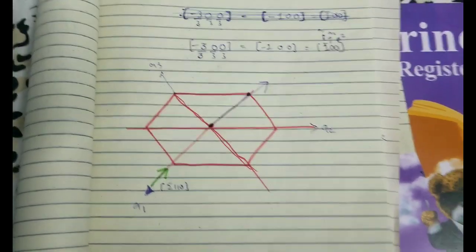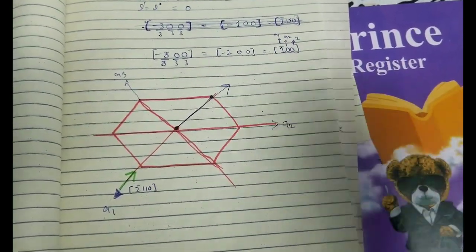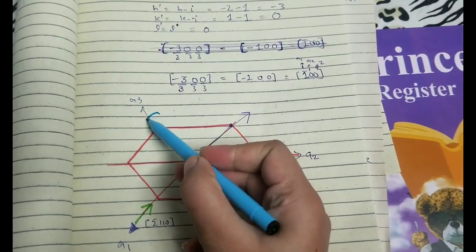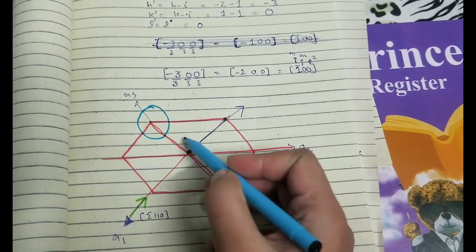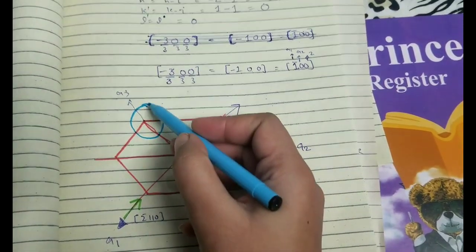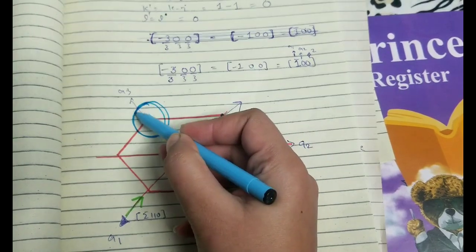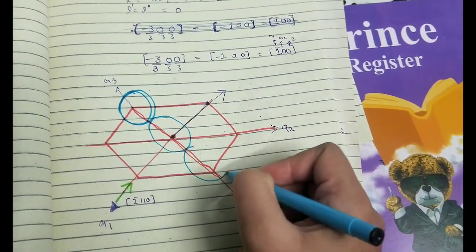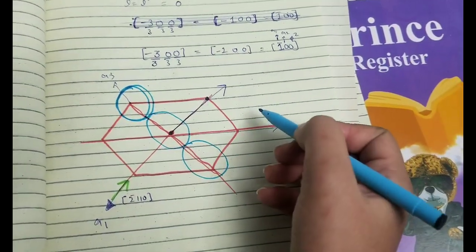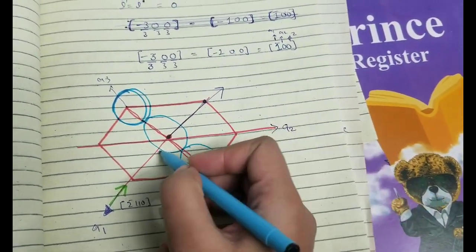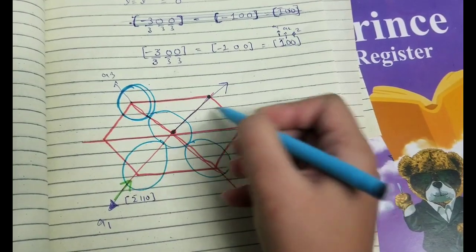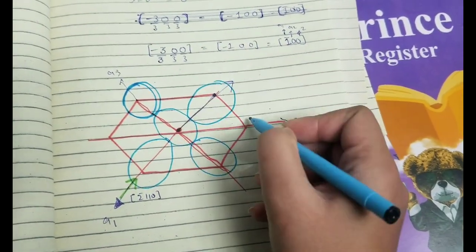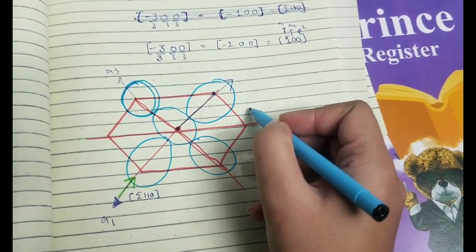Now let us draw the atoms. There will be atoms located at each of the corner points, and all these atoms touch each other. This is what actually happens, but we'll try to connect them as much as possible.